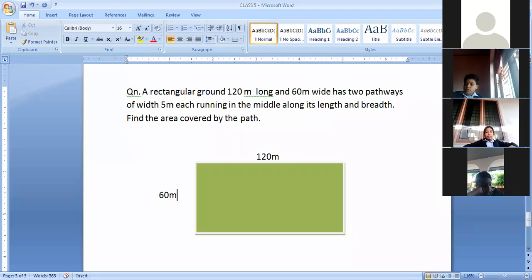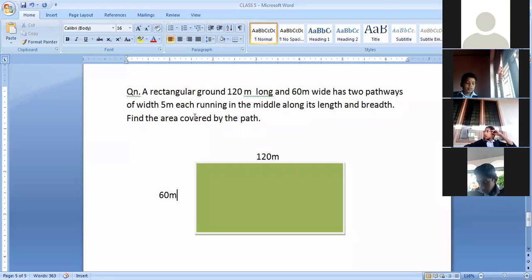Do you know the breadth or width of that pathway? What's the width? 5 meter. There are two pathways and the width of the pathway is 5 meter, the same for both pathways.